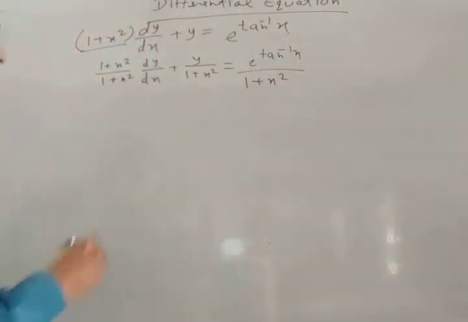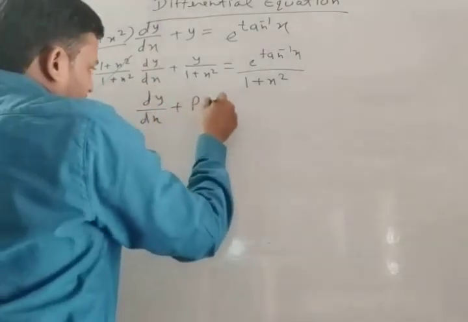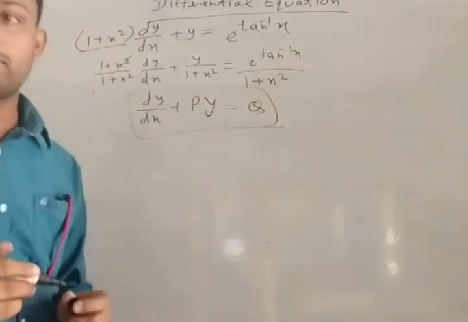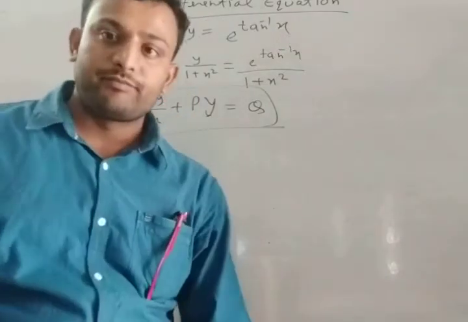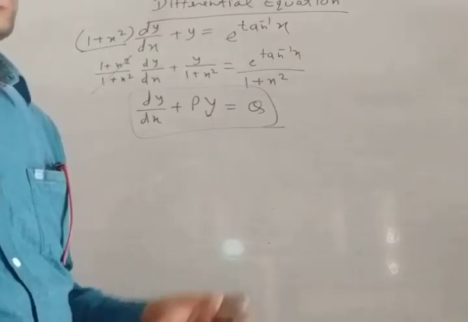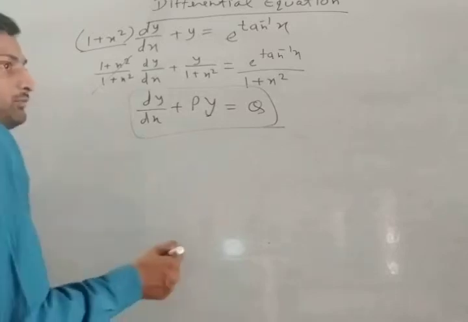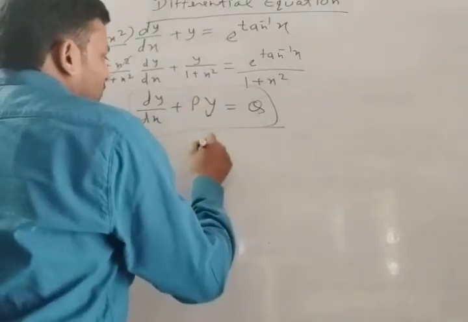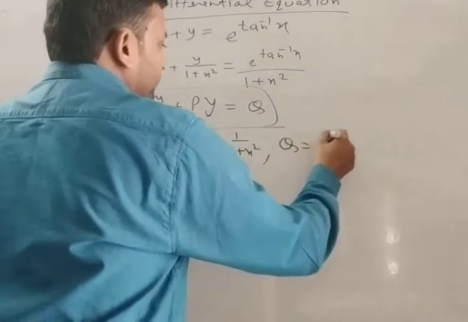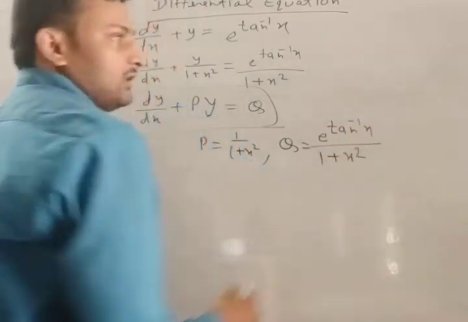Now this cancels, and this is of the type dy by dx plus py is equal to q. This is a linear differential equation. Now we compare, so our p is 1 by 1 plus x square, and our q is e to the power tan inverse x by 1 plus x square.